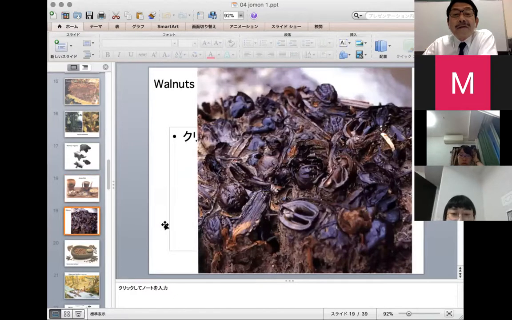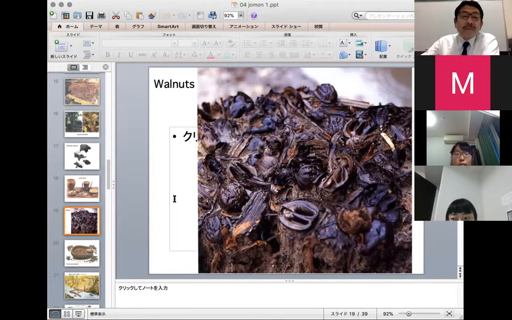And this was found from a waterlogged site, a lowland site. It's been soaked in fresh water, so it preserved the walnut shells so well. So many half-split walnut shells.